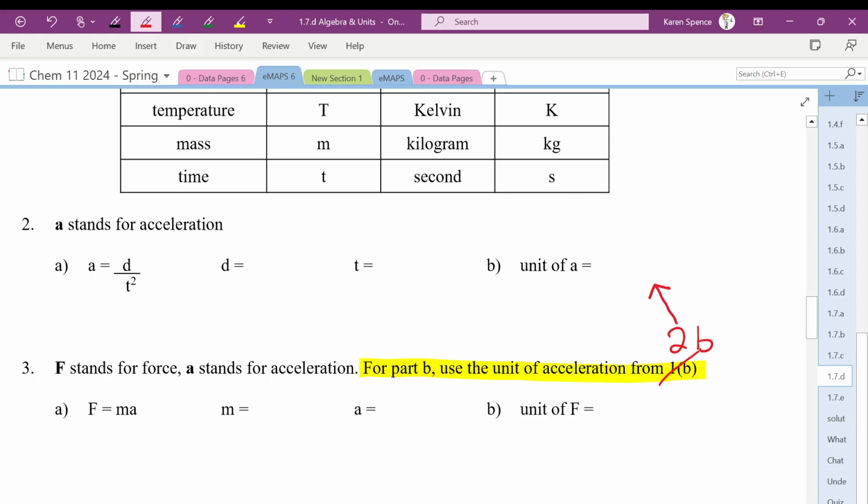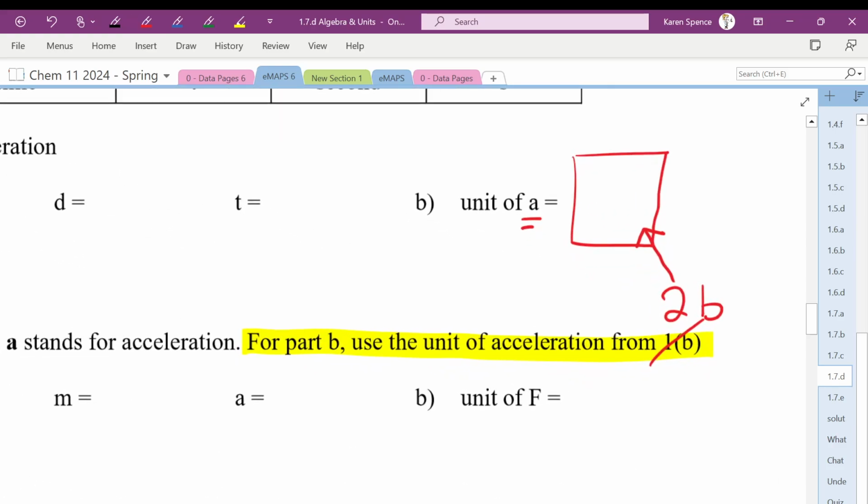And it should point up here because you have just solved for the unit of acceleration. Okay, so that should say 2B, not 1B. Yes, yes, exactly. Very good.